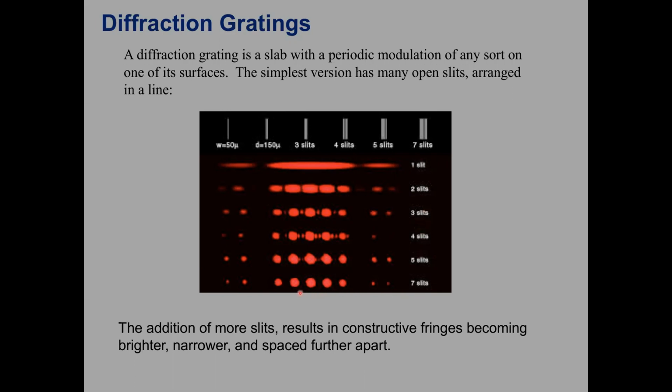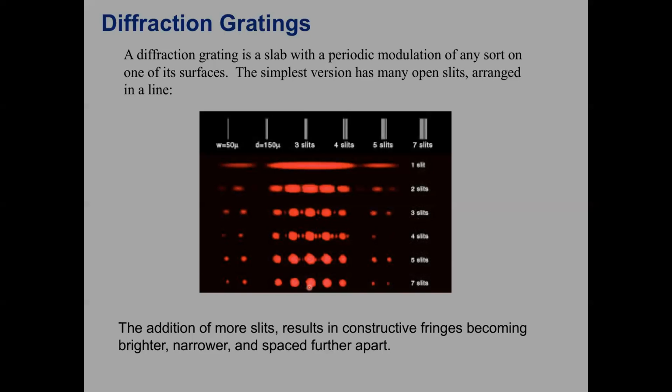We have these widely spaced, very narrow constructive fringes that are easily resolved from one another. And if you add even more slits in, this pattern becomes even more pronounced. So you get smaller, brighter constructive fringes that are spaced further apart.